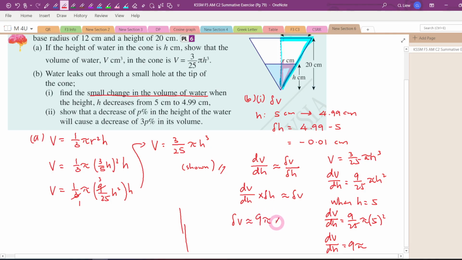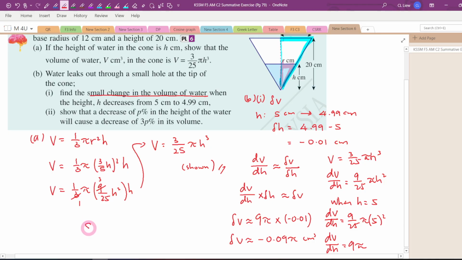Times delta h, which is equal to negative 0.01. No pi is given to us, so I just leave my answer in terms of pi. So delta V will be equal to negative 0.09 pi cubic centimeters.